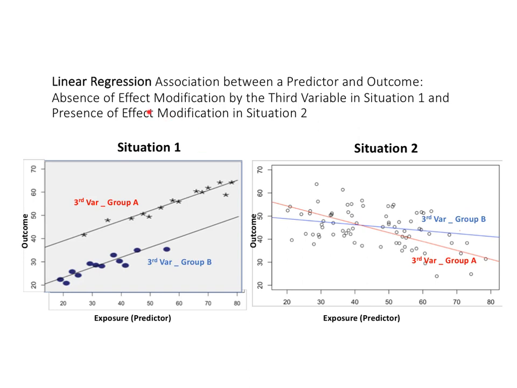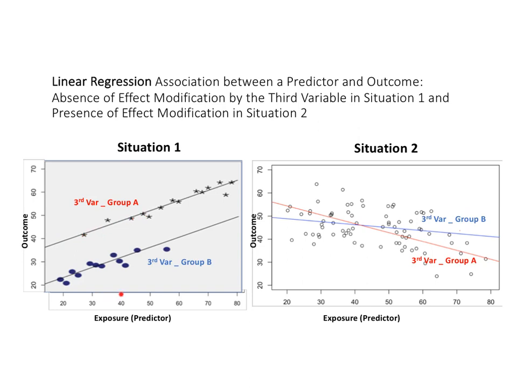In this situation 1, you may say that the strength of the association between the exposure and the outcome is the same for group A and group B, even though for group A the mean is greater than the mean for group B. But there is no effect modification, because what determines it here is the strength of association.